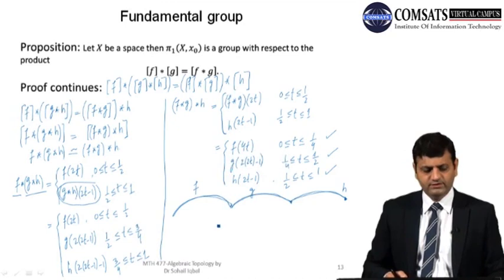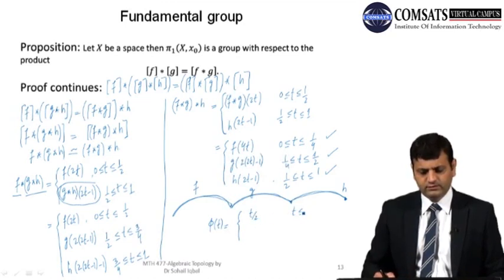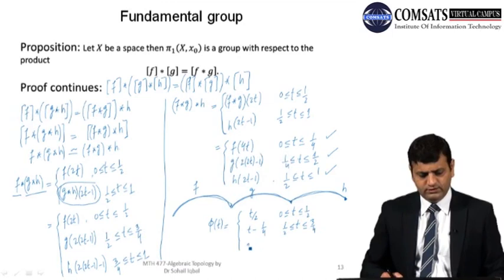That reparameterization is phi of t equal to t/2 when t varies from 0 to 1/2, and this is equal to t minus 1/4 when t varies between 1/2 and 3/4, and is equal to 2t minus 1 when t varies between 3/4 and 1.